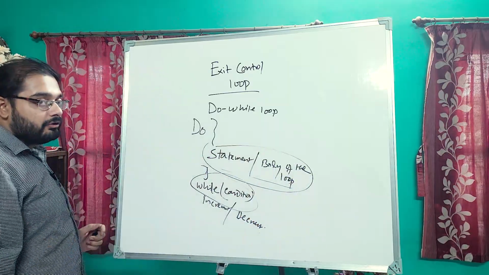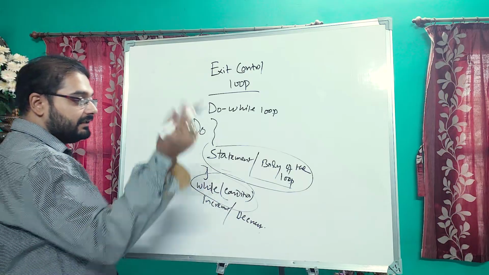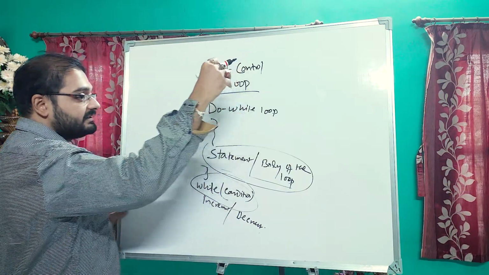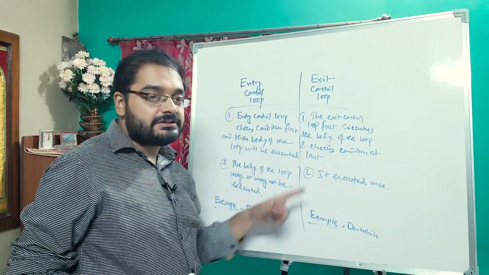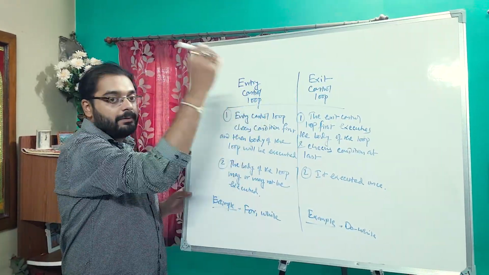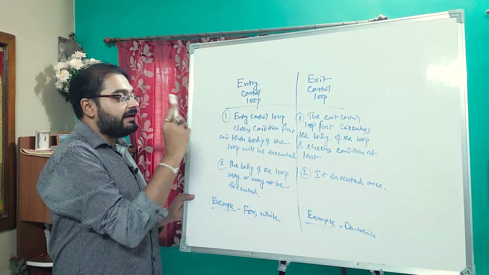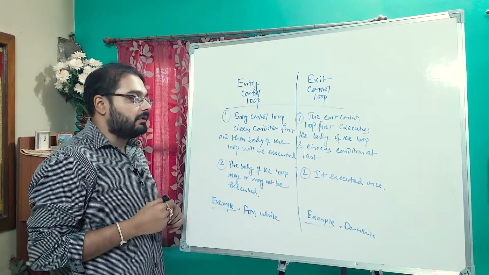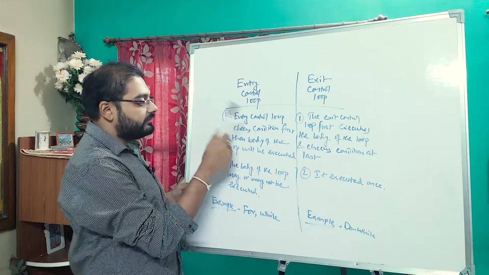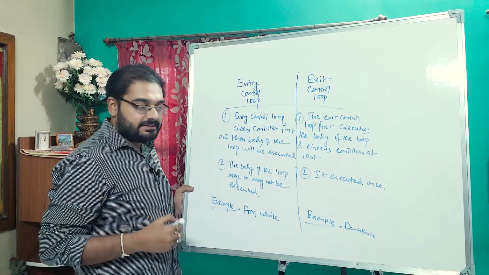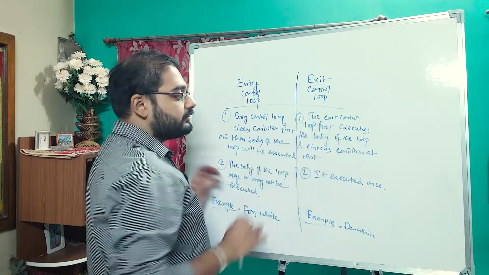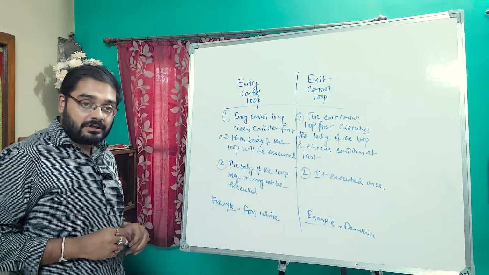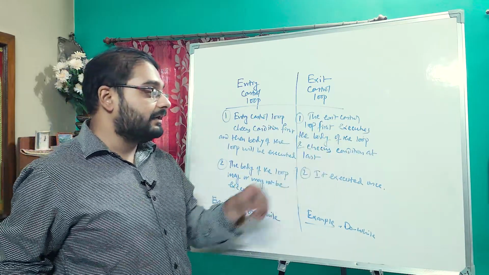And the entry control loop means here the condition comes first, then the statement comes. Here we can see the difference between the entry control loop and the exit control loop. The entry control loop checks the condition first and then the body of the loop will be executed. The exit control loop first executes the body part and then checks the condition.